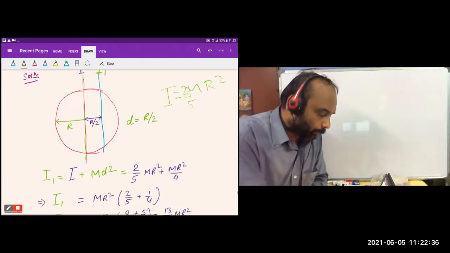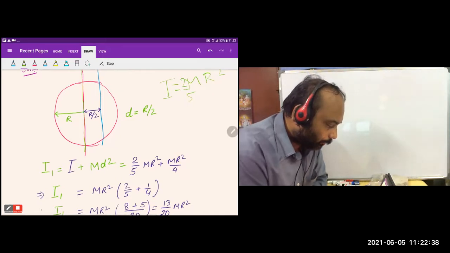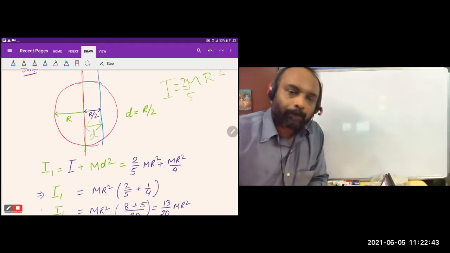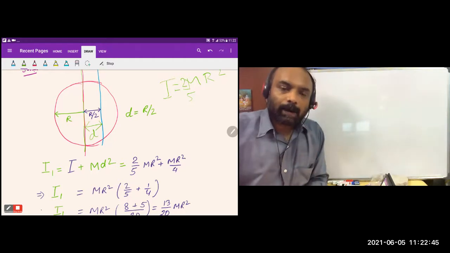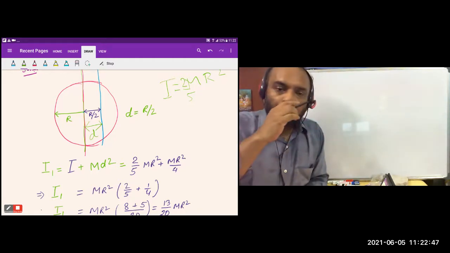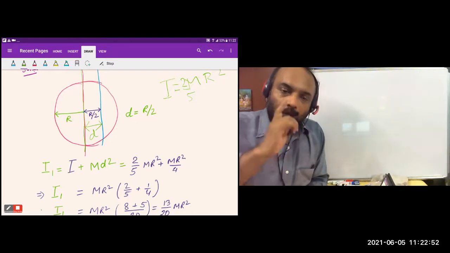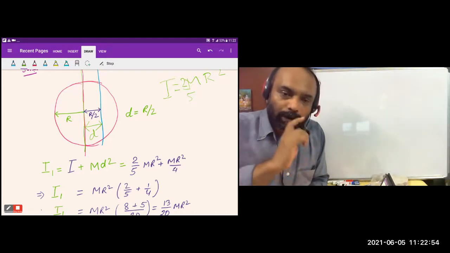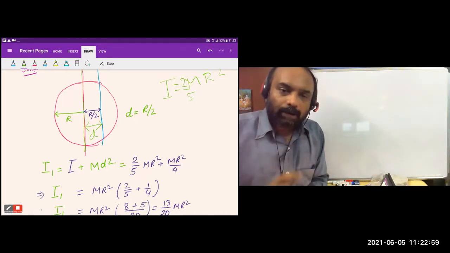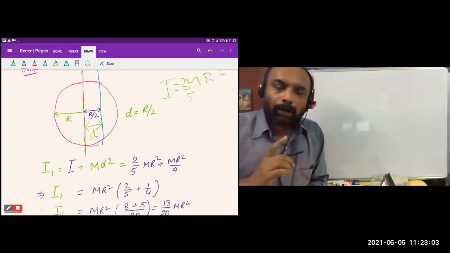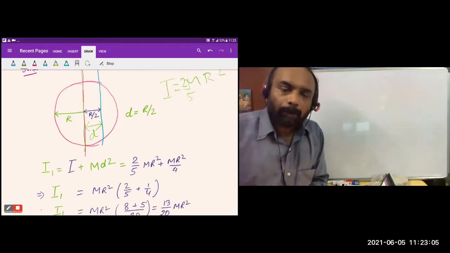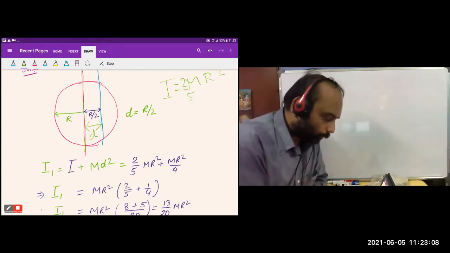So here, d is the distance between the principal axis, that means the axis passing through the origin, and the axis about which we have to calculate the moment of inertia of the sphere.